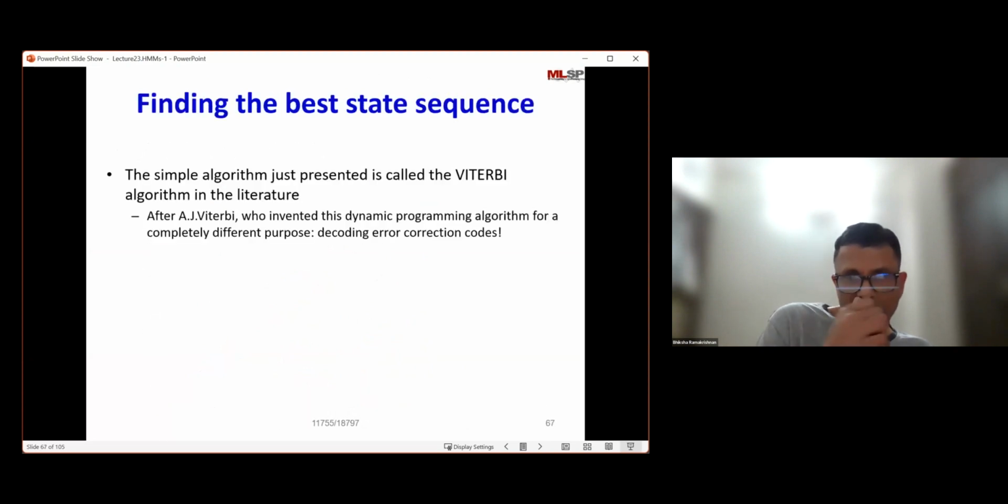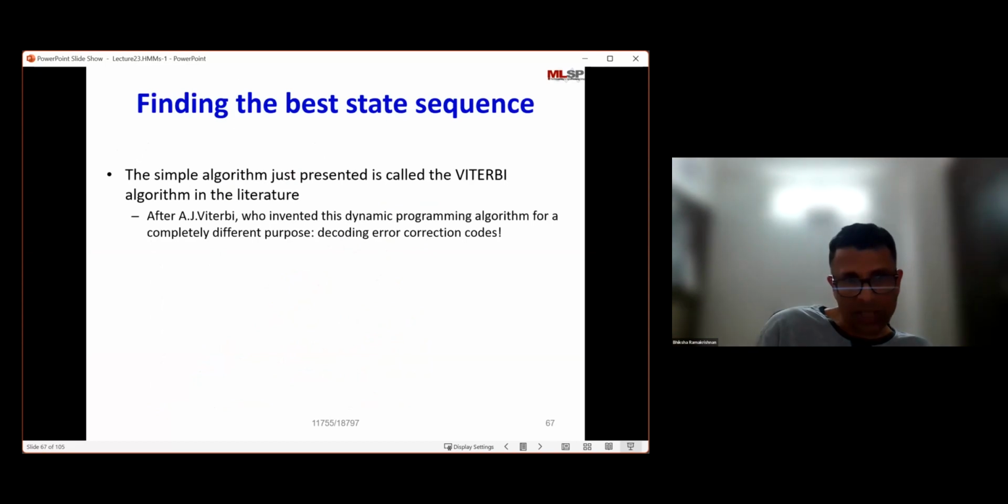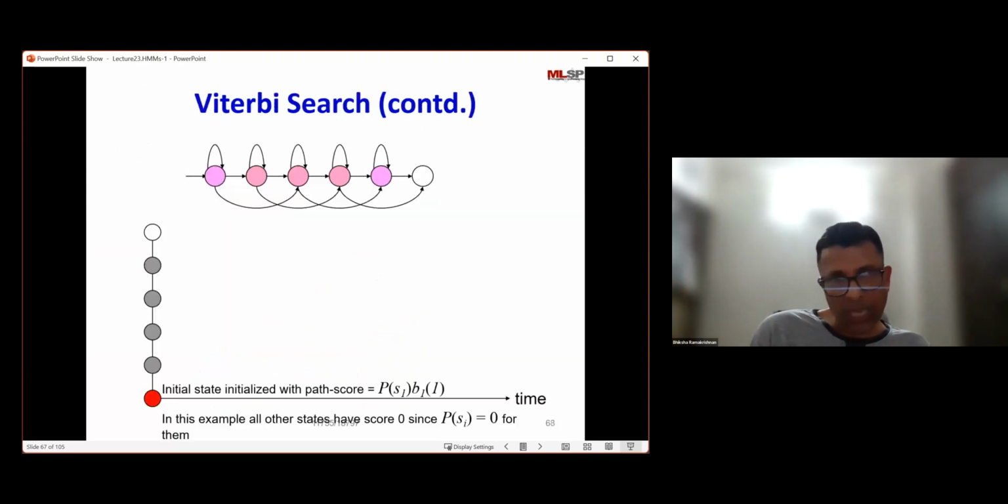So this simple algorithm is just called the Viterbi algorithm in the literature, after A.J. Viterbi, who invented this algorithm for decoding error correction codes, actually. So here's how I could find the best path through my state sequence. In this case, I'm using this little toy example.